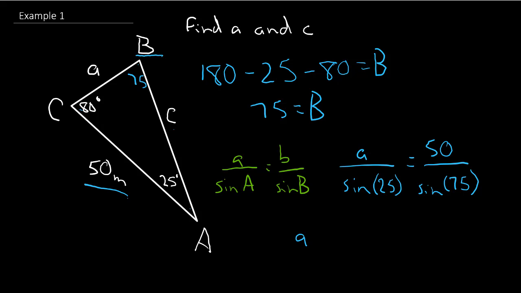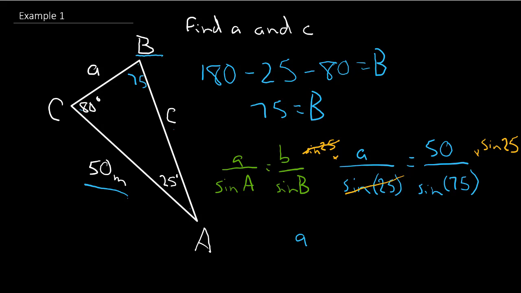So it's going to be A. I'm going to multiply both sides by sine of 25 to eliminate this, because if I use yellow here, I can better show it. Sine of 25 times sine 25, I can eliminate this because I'm dividing it there.